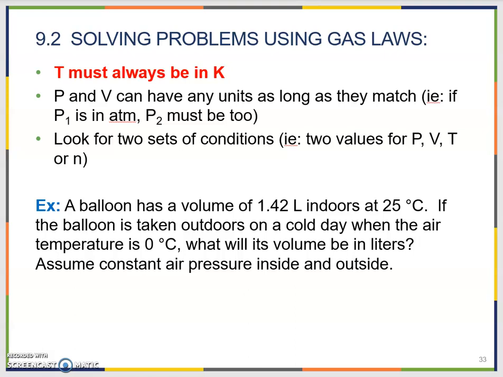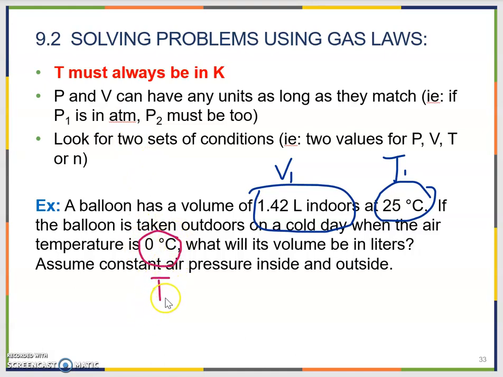So this is a perfect example for how to use gas laws, because we have an initial volume, or V1, and an initial temperature. And something is changing, so T is changing when we walk outside, and that's going to affect volume.